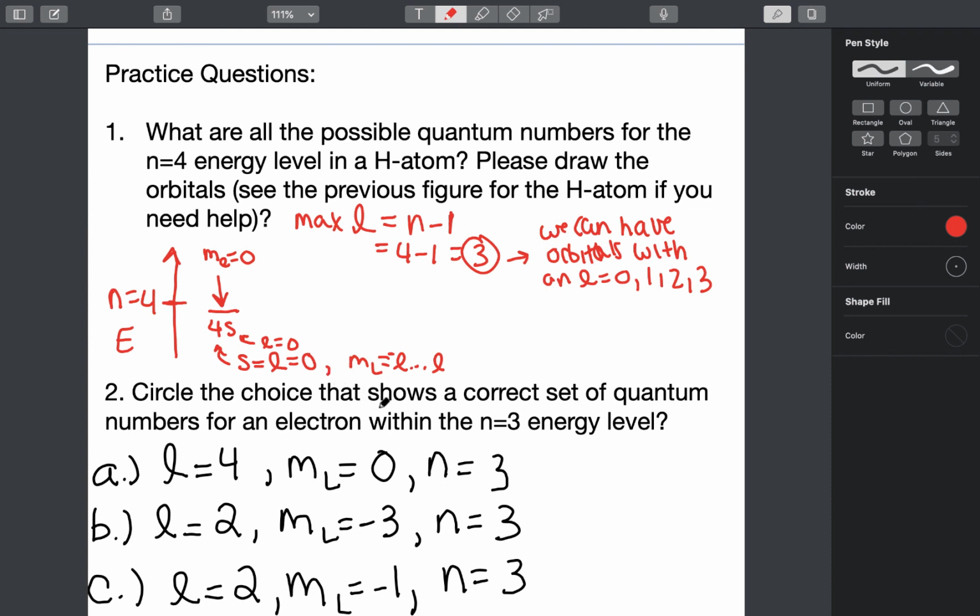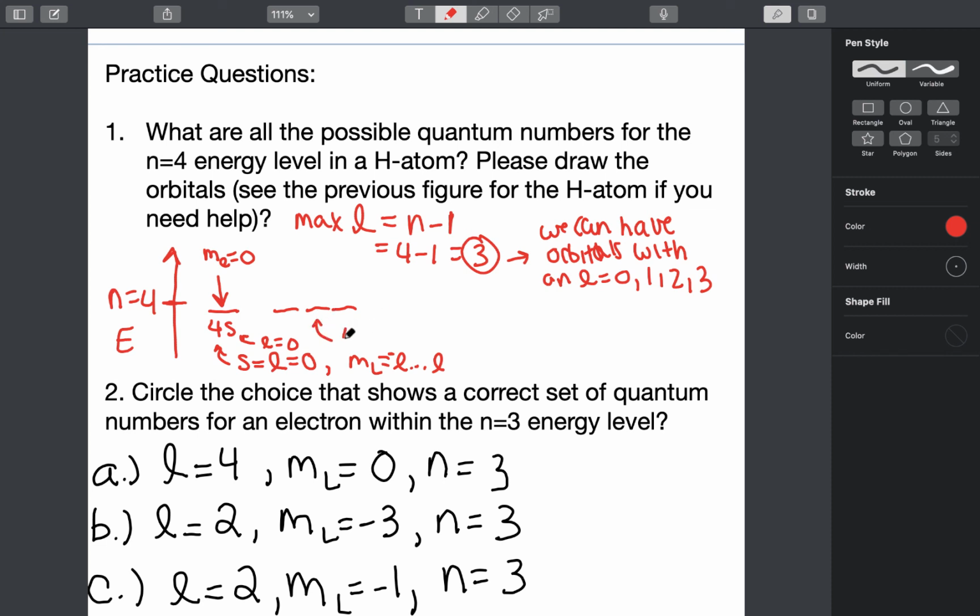Now it's important to note that all subshells within a particular energy level in an H atom are degenerate. So therefore, the next orbital that we would talk about is the 4p orbitals, and they would be the exact same energy level as the 4s orbital. So they're the exact same energy because we're only talking about one electron.